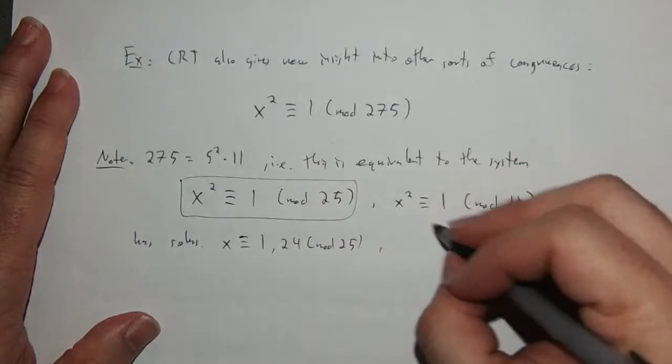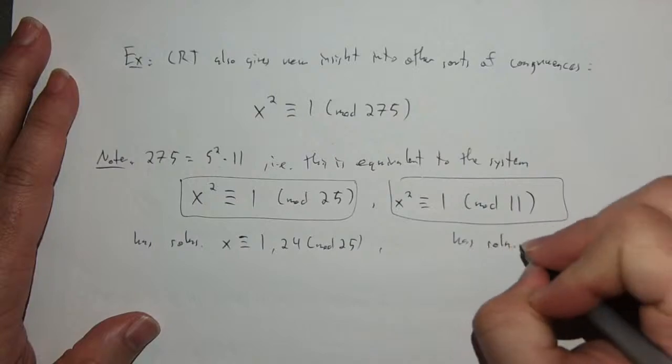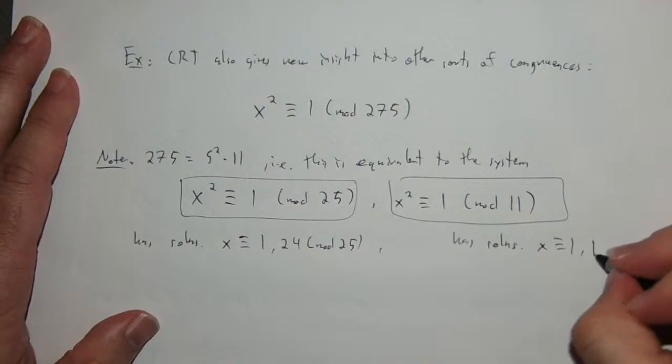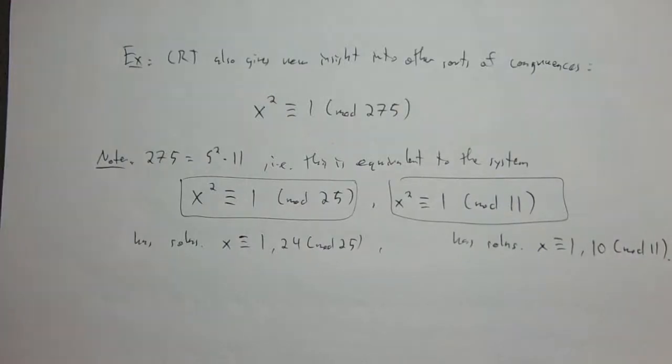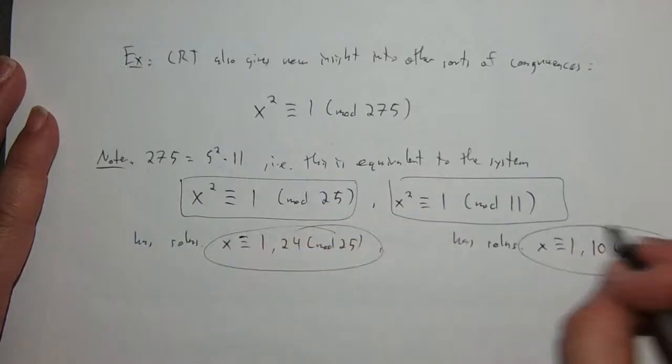This one has solutions x congruent to 1 or 10 mod 11. And so now I look at how I can actually combine these. There are 4 ways of doing this, so I have to keep track of each of these.